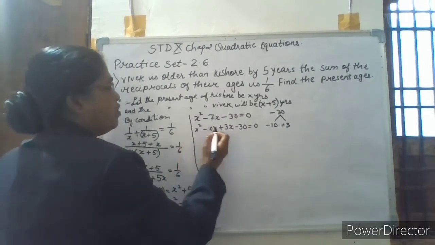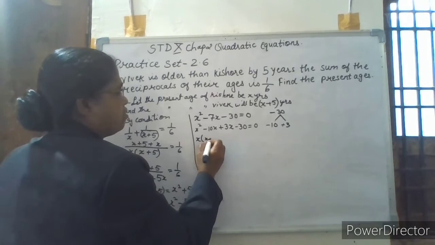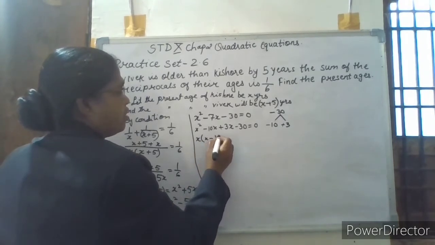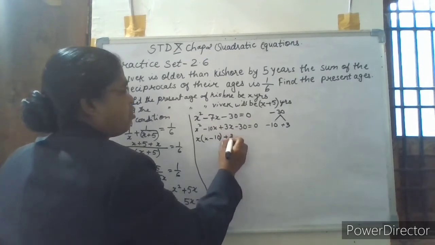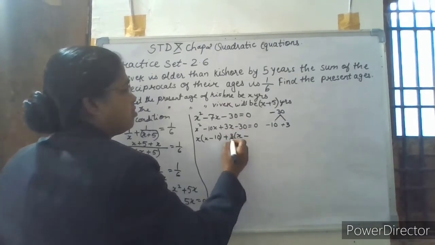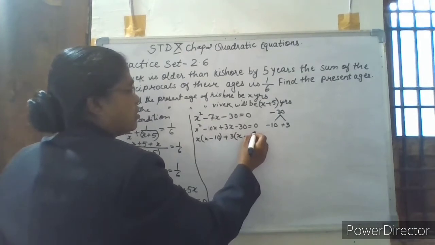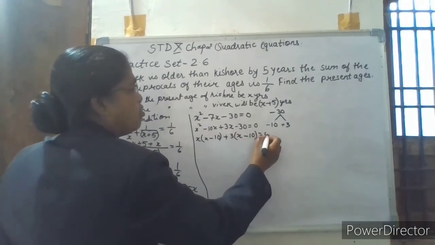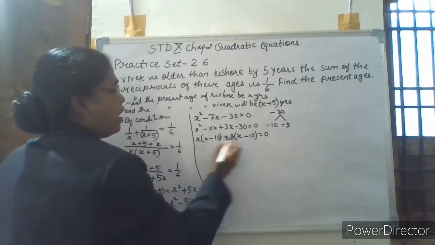So, from the first 2 terms, x is common: x minus 10 uncommon. Then plus 3 is common here, into x will remain, plus the minus 10 times 3 is 30, 10 uncommon, equal to 0. Now we got common brackets.